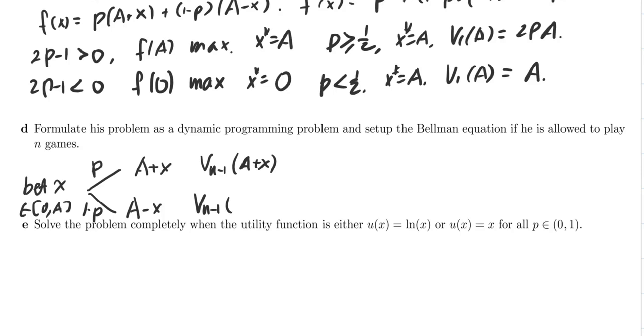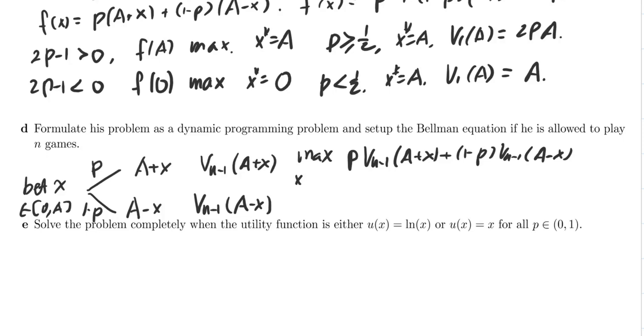And if we lose, we still have n minus 1 games to play, but our initial fortune is reduced to a minus x. Because of the uncertainty, we have to look at the expected optimal return from the future. So the expected value is p times v n minus 1, a plus x, plus 1 minus p times v n minus 1, a minus x, and maximize over the current action x between 0 and a.